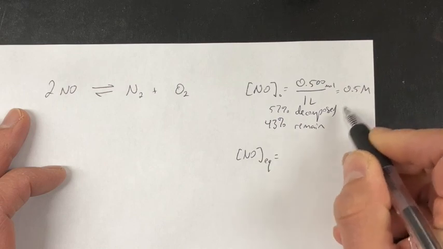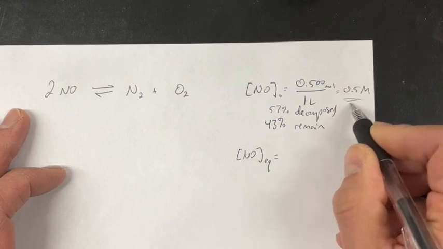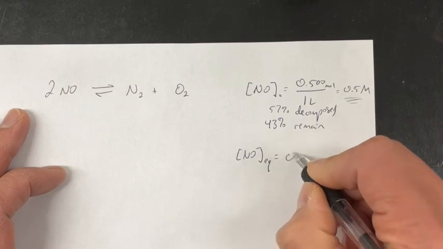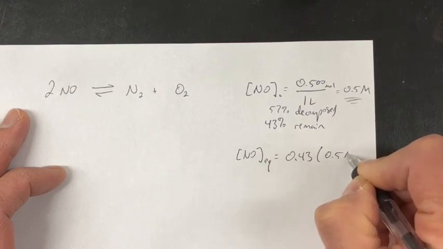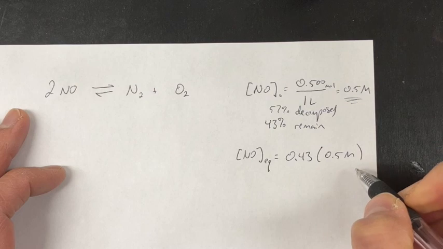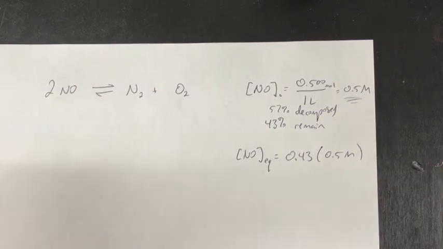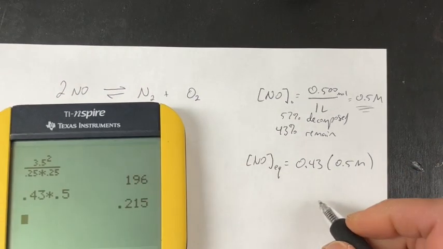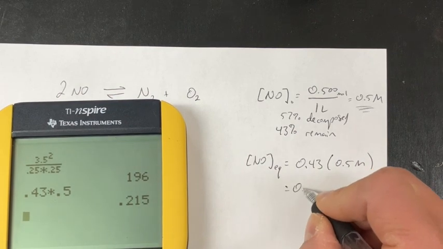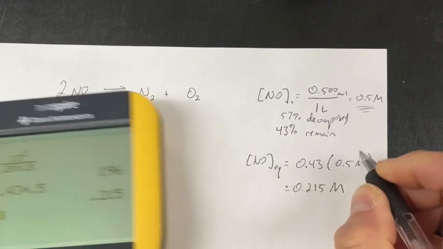So what is 43% of this value? Well, it's just going to be 0.43 times 0.5 molar. Okay, so 43% of 0.5 molar. And I do that, and that is 0.215 molar.